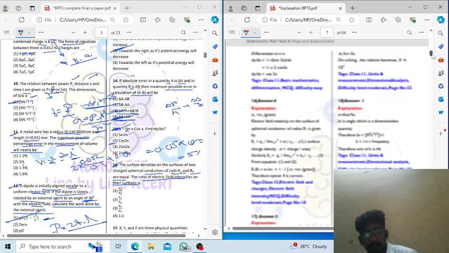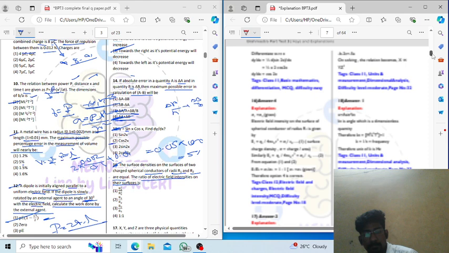Okay, so here the charge densities are sigma 1 and sigma 2, these are equal. So from the electric field formula, E equals Q by 4 pi epsilon naught R square. And sigma is given by the formula Q by 4 pi R square.